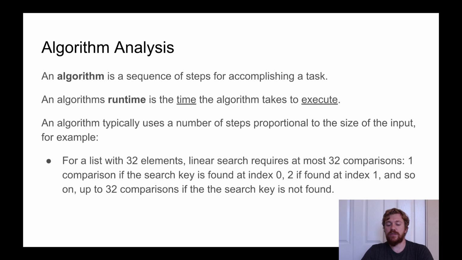So now we talk about the number of steps proportional to the size of the input. If we change 32 elements to, say, 200 elements, then it's possible under that worst case scenario that we might have 200 comparisons or 200 steps. So that's what this number of steps proportional to the size of the input is addressing.